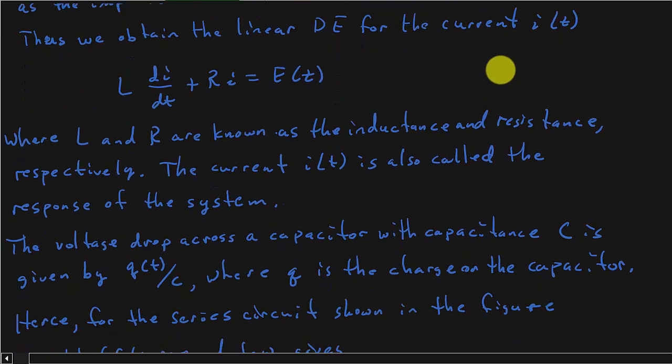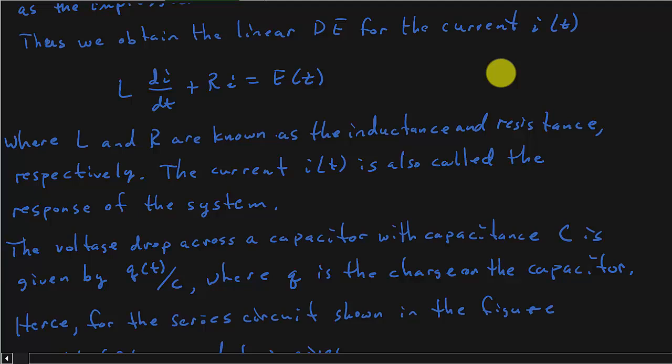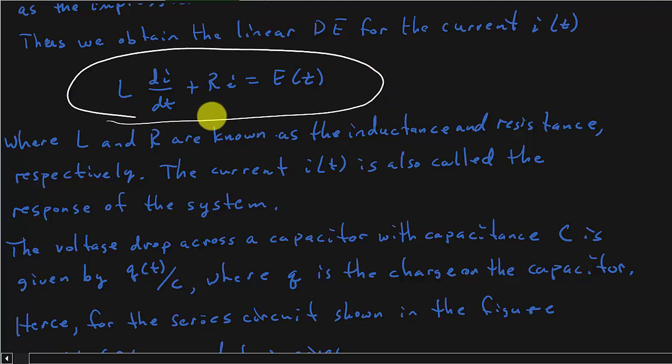Thus, we obtain the linear differential equation for the current i of t. It's right here, where L and R are known as the inductance and resistance, respectively.